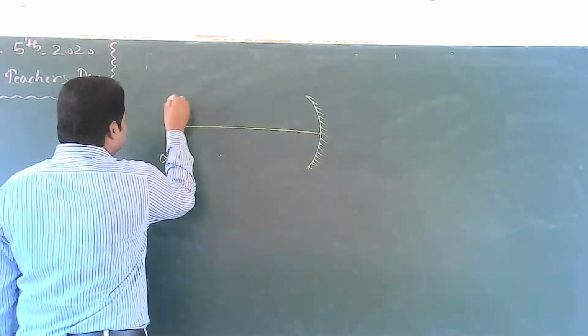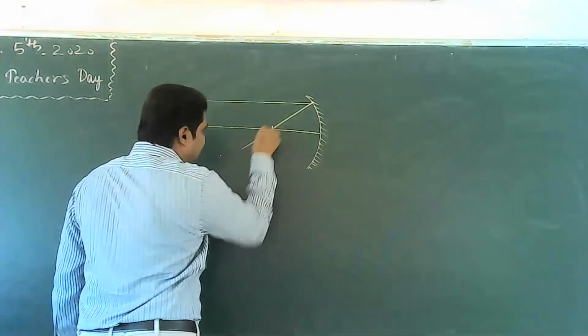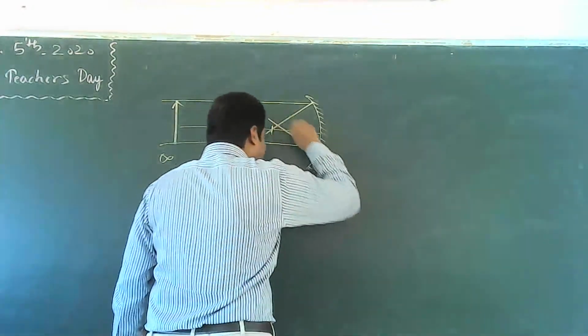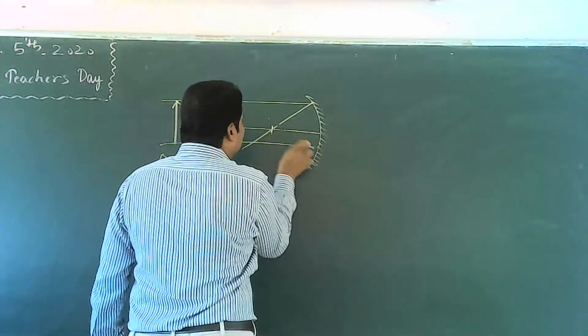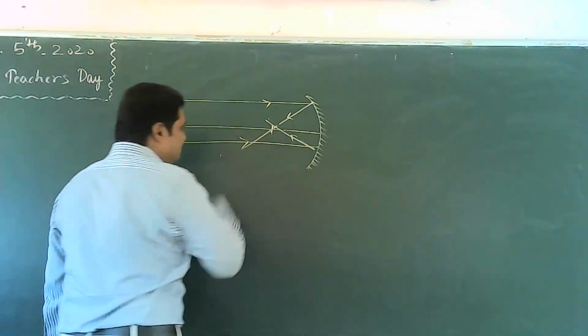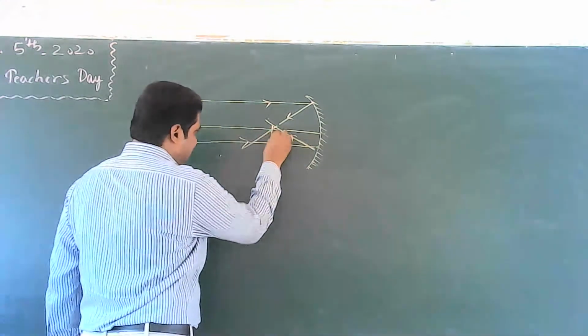When the object is at infinity, then we know a small image is formed at F. Image is formed at F. This is F.